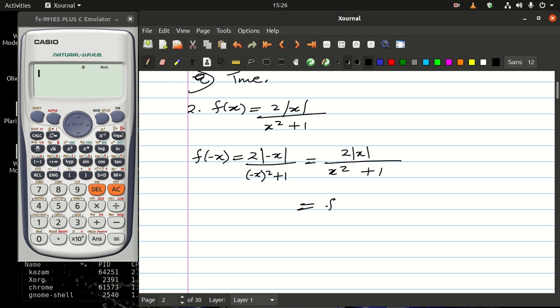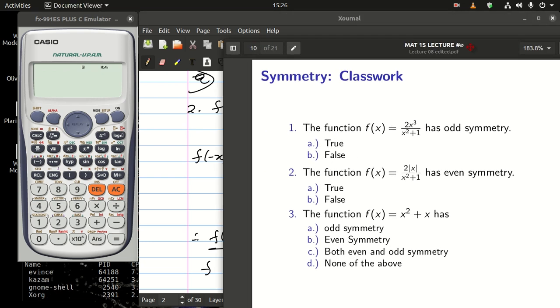So this is the same as f of x. Therefore, our f of minus x is the same as f of x. What is this supposed to mean? It simply means that f is even, or f has even symmetry. So that's how you answer question number 2.